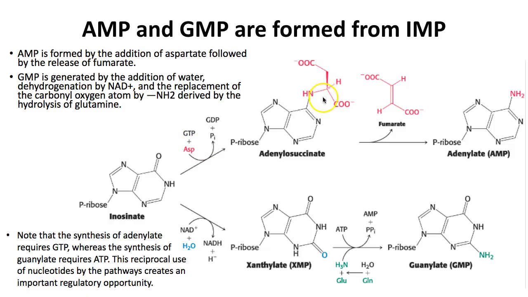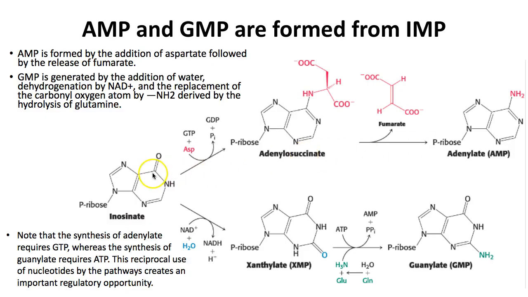Then the fumarate cleavage happens right here, and the fumarate is released, and you finally have AMP, which we know if you can add some more phosphate groups to the ribose ring, then you end up having AMP to ADP to ultimately ATP.